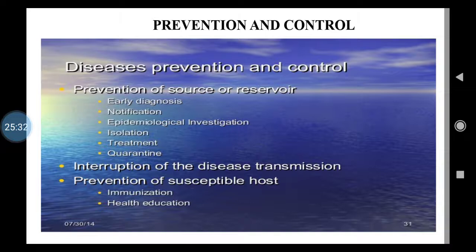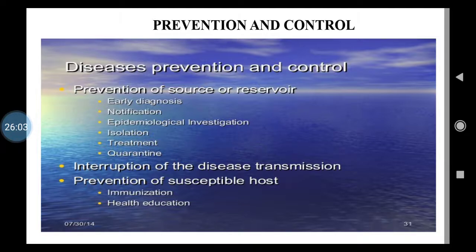Other is blocking the modes of transmission. Interruption of disease transmission is nothing but blocking of modes of transmission. Whatever the different modes we have discussed, they can be blocked. And the third level is protecting the susceptible host. So these are three steps at which the diseases can be controlled.